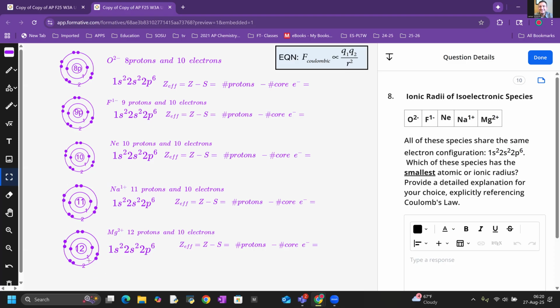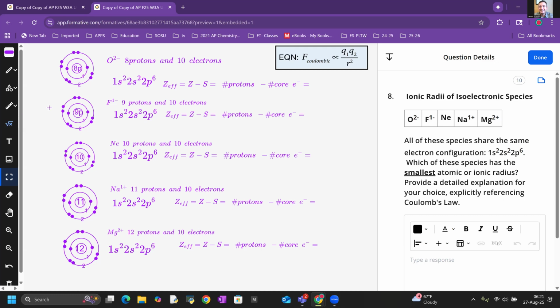Each of the energy level 1s has 2 dots representing 2 core electrons. Because these species are isoelectronic, they all have the same number of valence electrons, and they also have the same number of core electrons. The only place they differ is that they have a different number of protons.